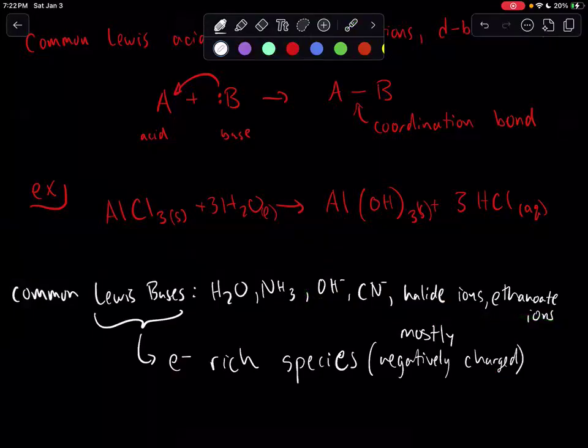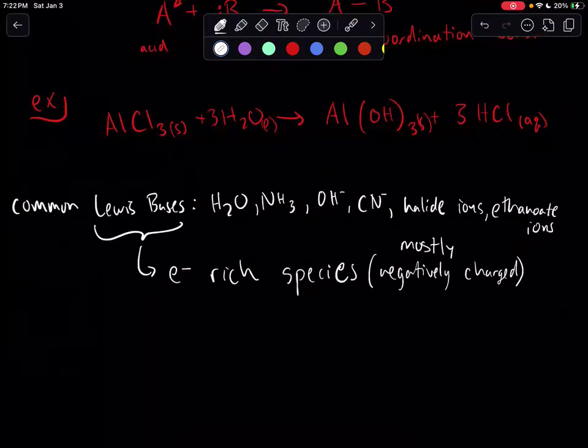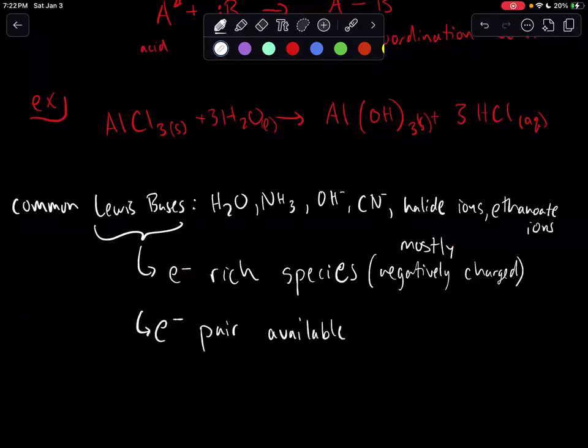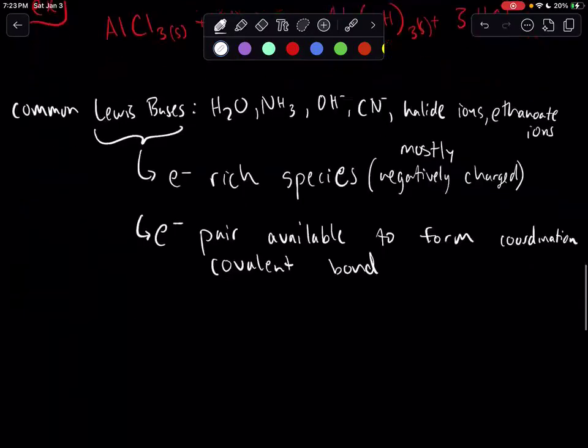And so they're going to have that electron pair to form that covalent bond. Electron pair available to form coordination covalent bond, which will just make them able to do that.